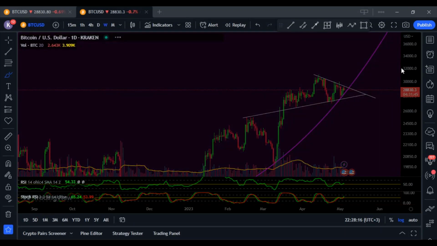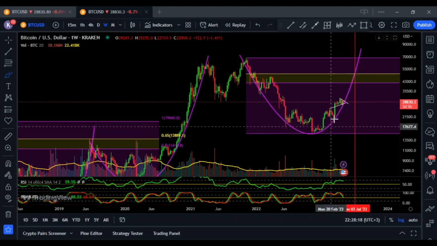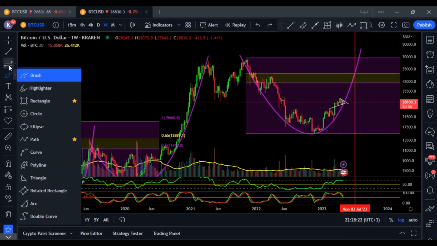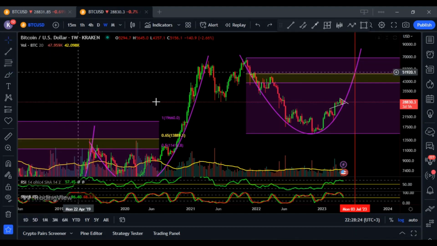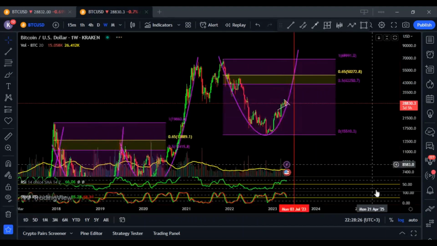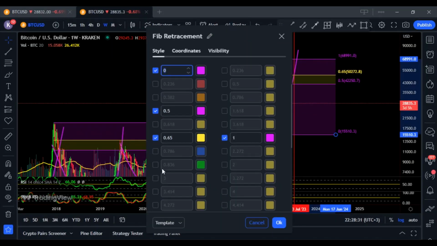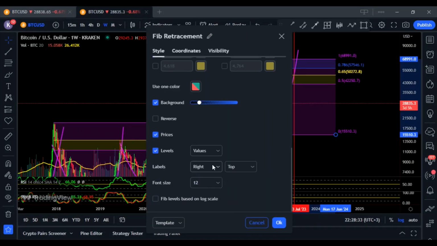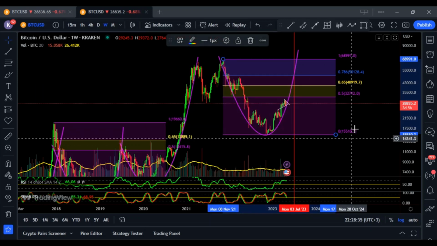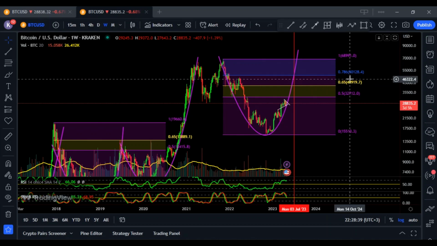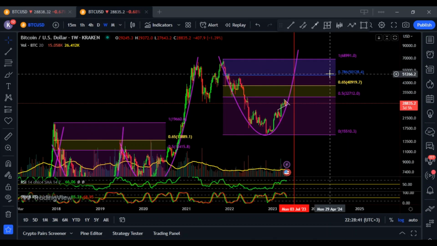And we all know where we're heading if we keep on track: eventually the golden zone based on this chart, based on the non-logarithmic Fibonacci. And definitely we are going to the 0.786 if we flip the Fibonacci, and that would be the target we are heading to, which is around the $50,000 area.